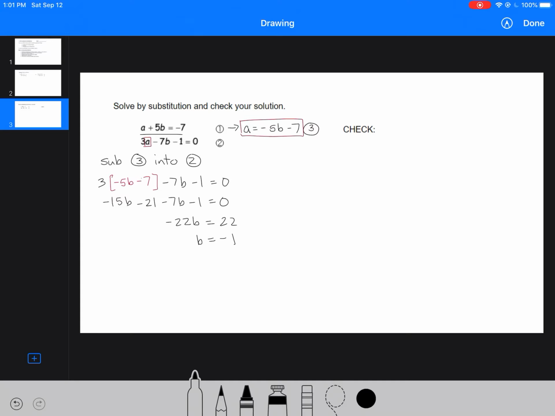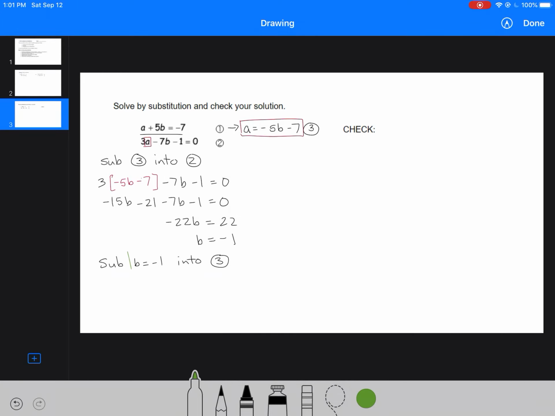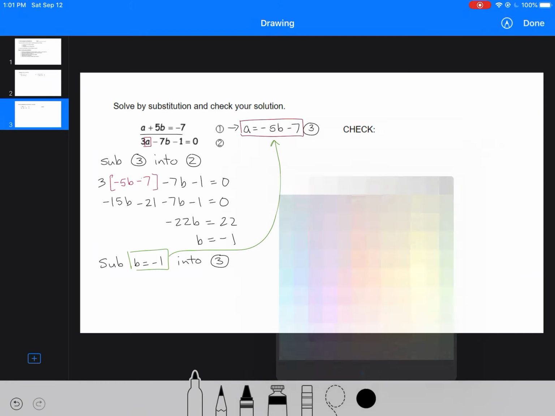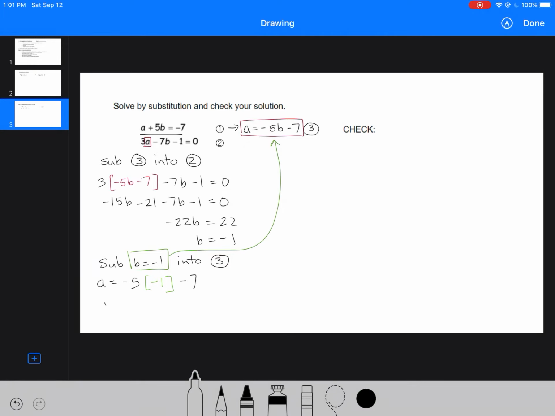So now I'm going to substitute my answer for b into the equation that I created for a. So my b, I'm going to substitute right into this equation to solve for a. a equals minus 5 times b, which we have as minus 1, minus 7.